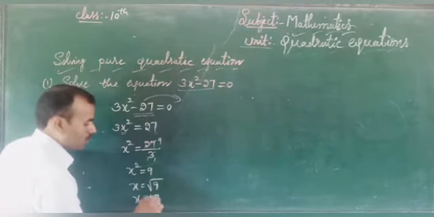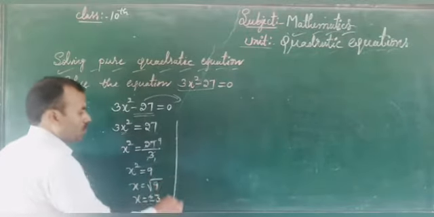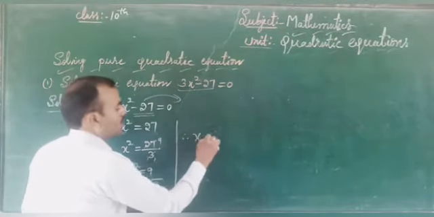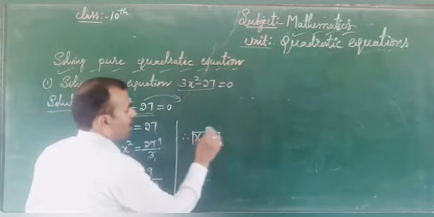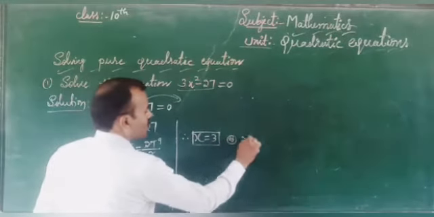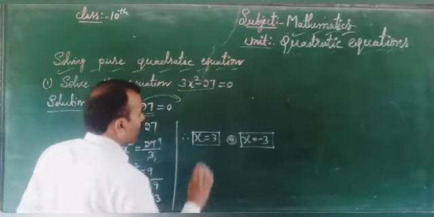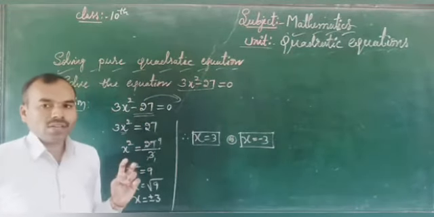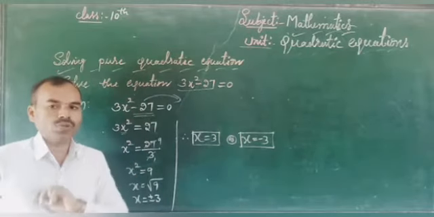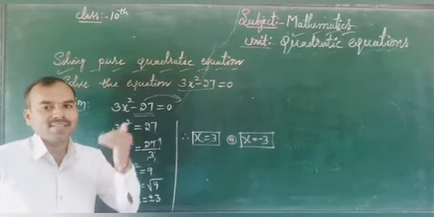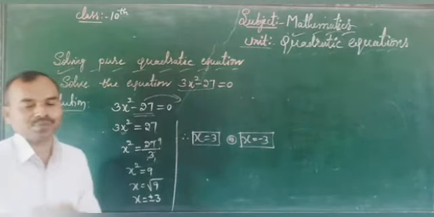The root of 9 is 3. So here x is equal to 3 or x is equal to minus 3. You should remember quadratic equations have two solutions, one is positive and another is negative.